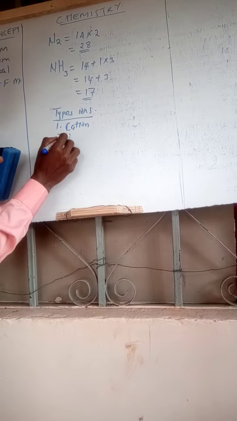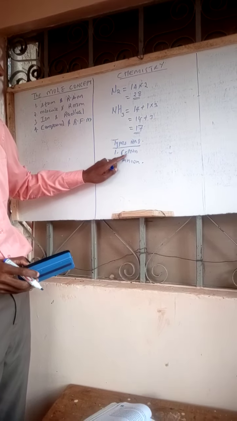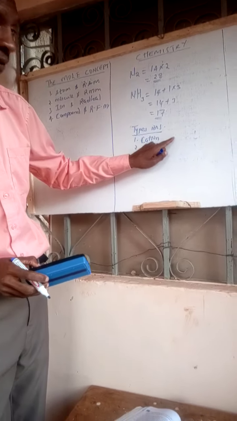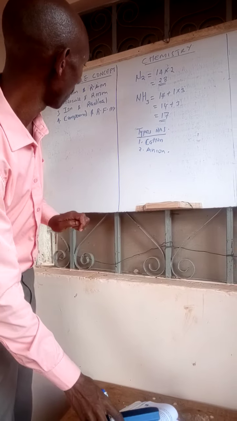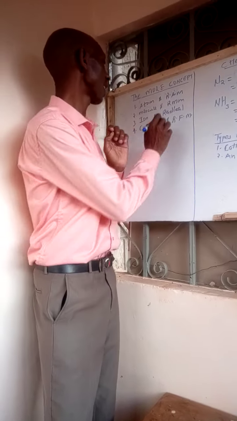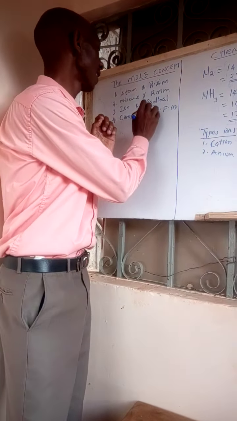A cation is a positively charged ion, while an anion is a negatively charged ion. And the radical is a term used to describe a group of ions that react as one unit.